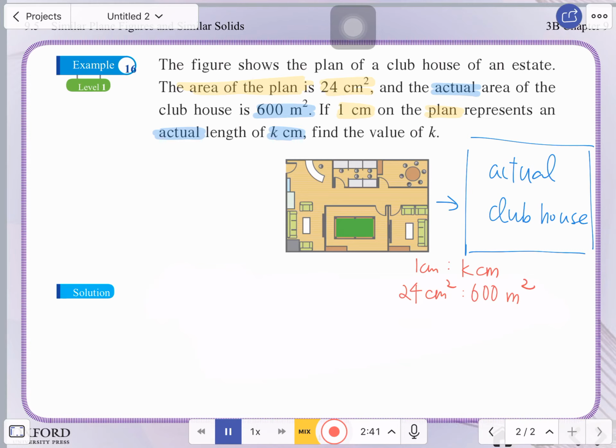So how can I change the meter square to cm square and make the units consistent? You know that 1 meter equals 100 cm. If we know what 1 meter square equals in cm square, then we can solve the problem.